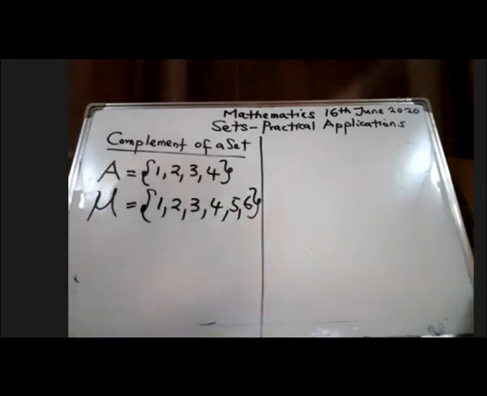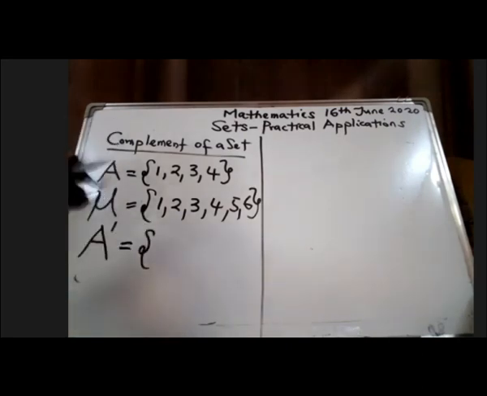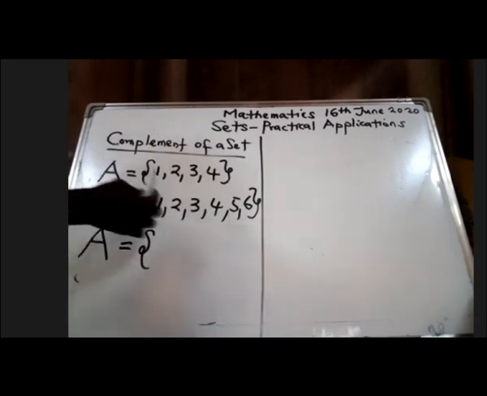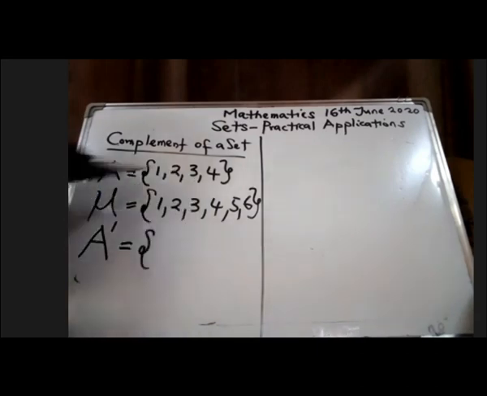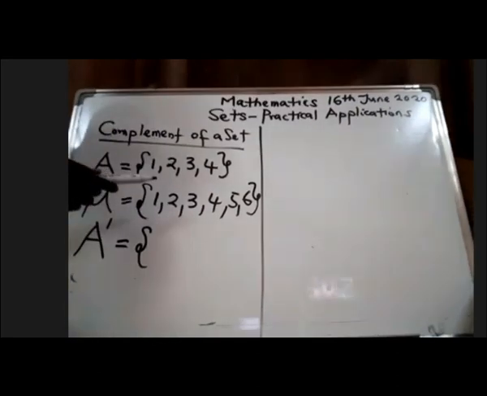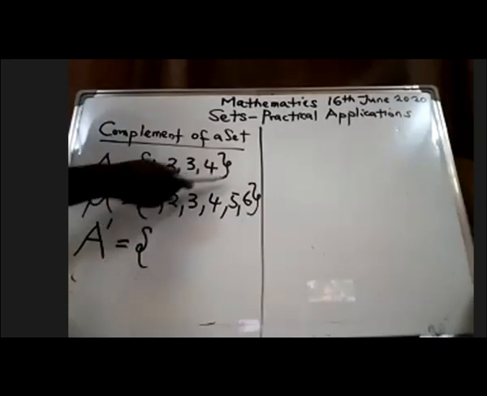So very clearly, the complement of a set A, with a prime, sometimes you hear the word A prime, will now be the elements that are not in A but are in the universal set. If you look at this, I have 1, 2, 3, 4, but I don't have 5 and 6.